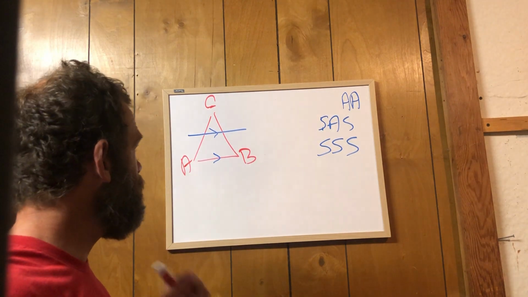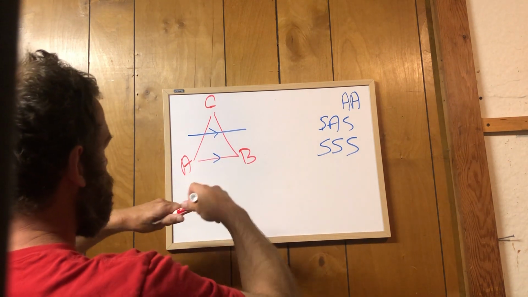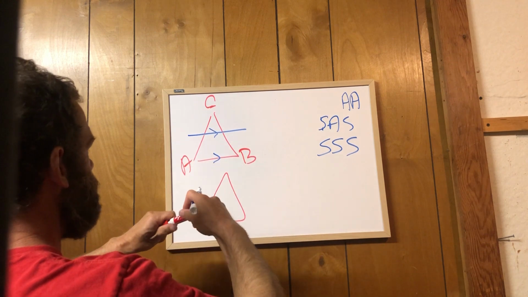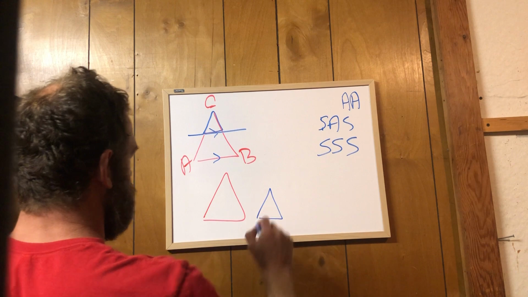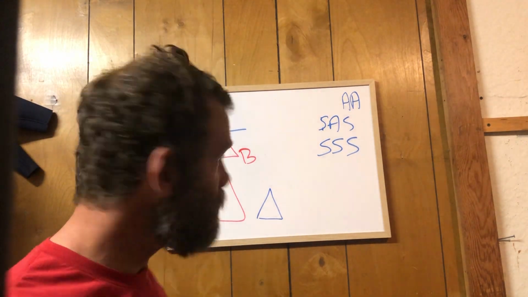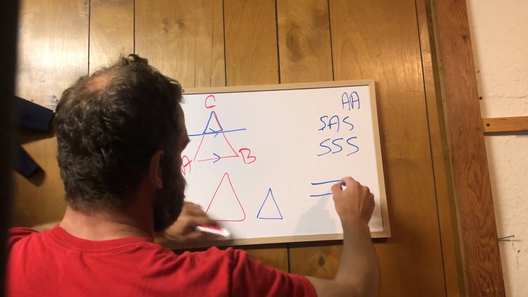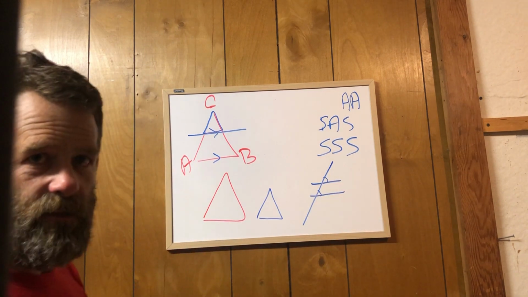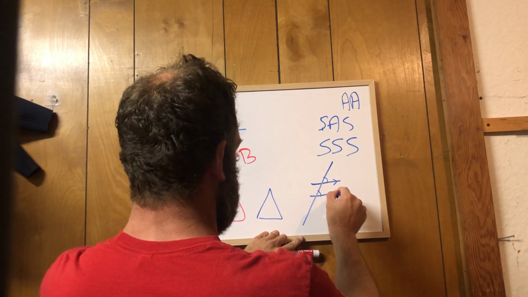Well, what you might not know right now is if I were to redraw this big triangle right here and this little triangle right here, these two triangles are actually similar. And the reason why they're similar is because, look, in parallel lines, these two angles are corresponding angles, and they're always congruent with parallel lines. If these two lines are parallel right here.